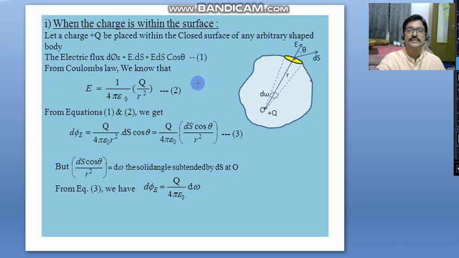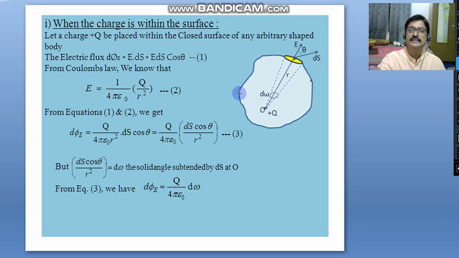Now we will prove Gauss's law in two cases. The first case is when the charge is inside the surface, and the second is when the charge is outside the surface. Now we consider the first case, when the charge is within the surface.